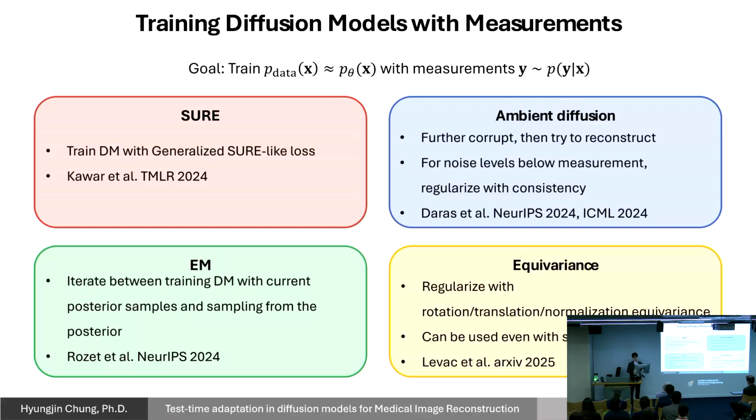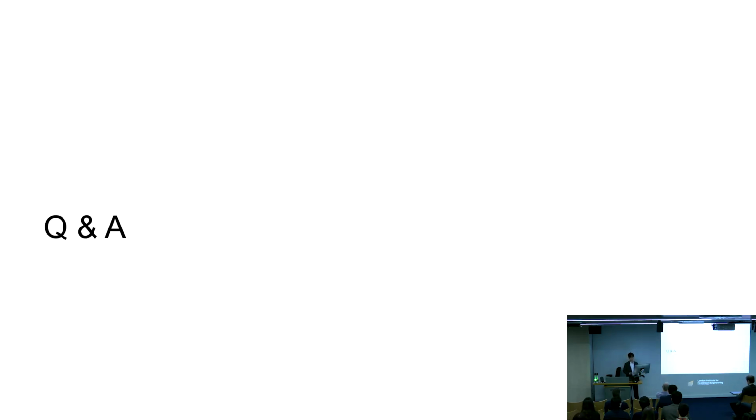In contrast, DDIP is a method of trying to overfit or adapt your diffusion model on a single slice or volume of measurements. So I think one good potential research direction would be to marry these two different types of training diffusion models with measurement ideas so that we can achieve further complementary gains. And yeah, with that, I would like to take any questions you might have.